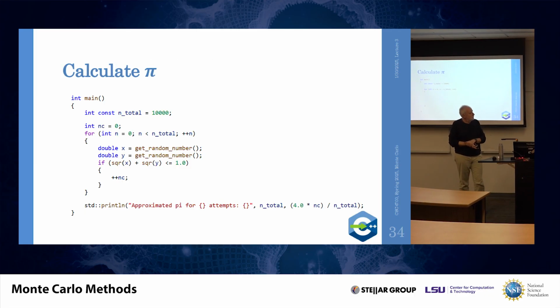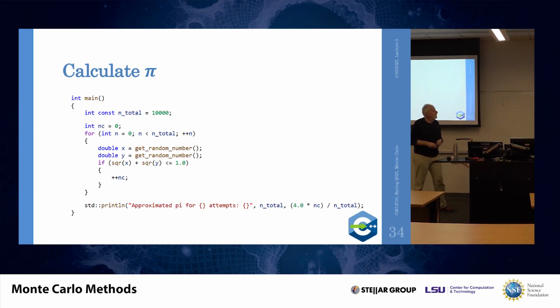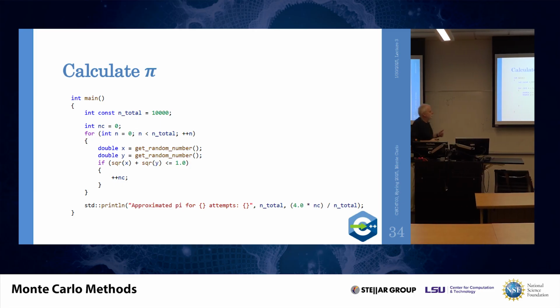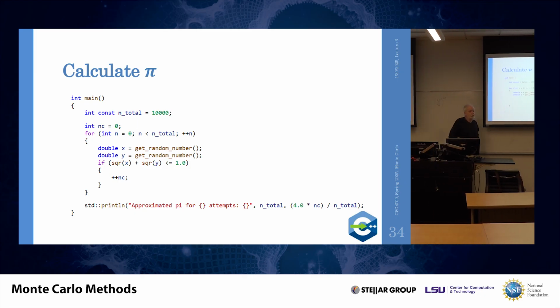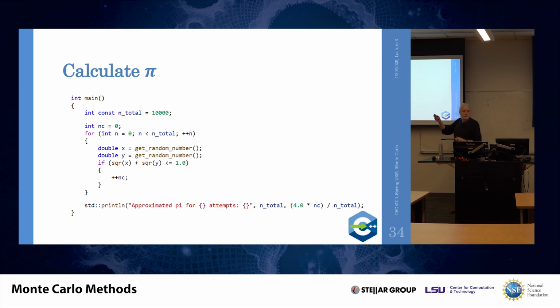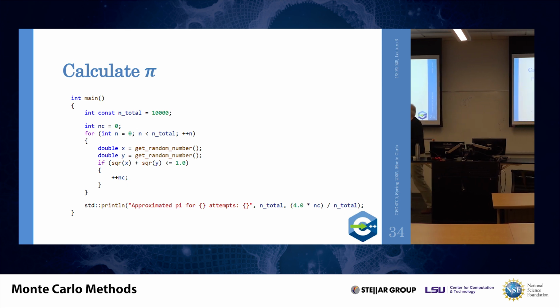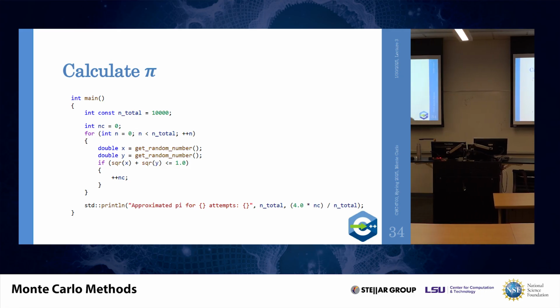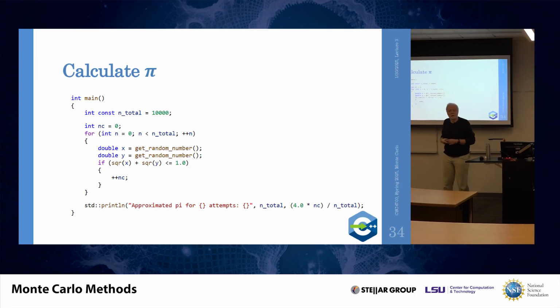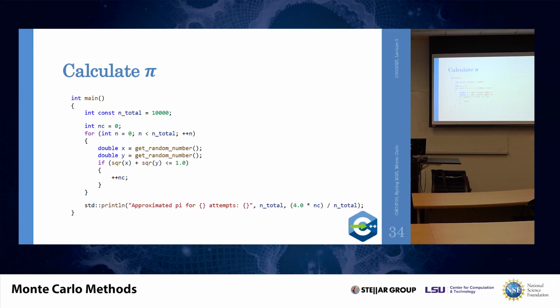Okay, so let's write that code. Same thing again. A loop where we do that 10,000 times. We get two random numbers because we want to have one point. We need an x and a y coordinate. We see if the sum of the squares of these two numbers is smaller than 1. We don't have to take the square root of that, right?